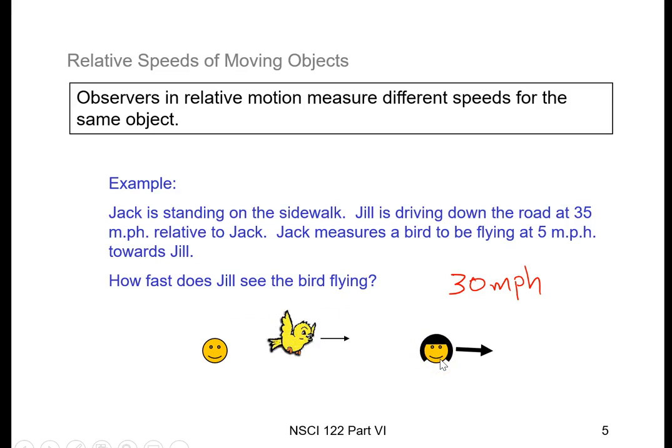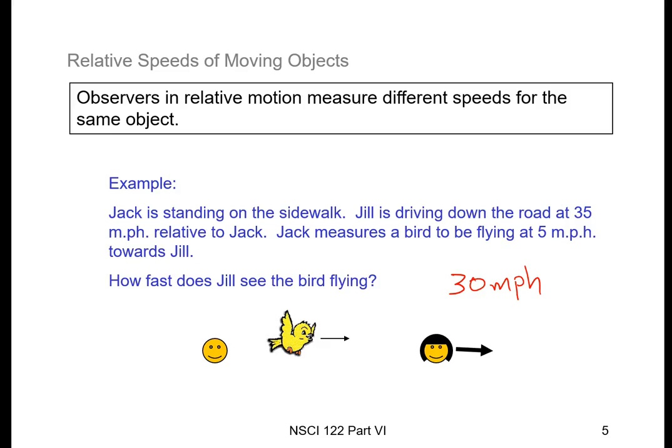Okay, so Jill is going to see definitely a different speed for the bird than Jack measures, but also a different direction. Okay, now again, this is predicted by Newtonian relativity, that relativity theory. In fact, you can write down an equation for what's called the velocity transform, and it would look like this.